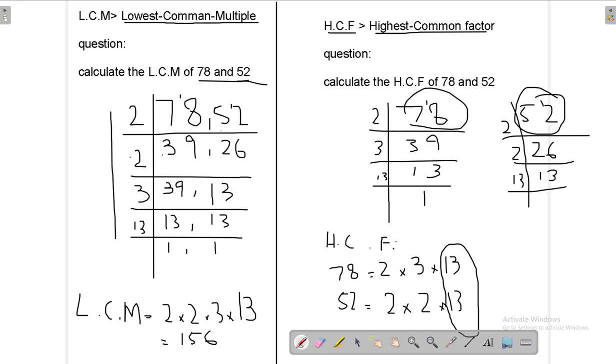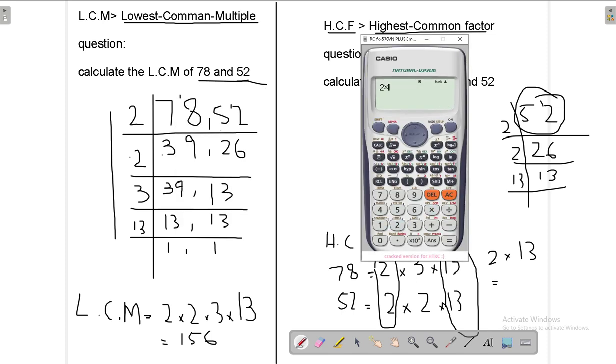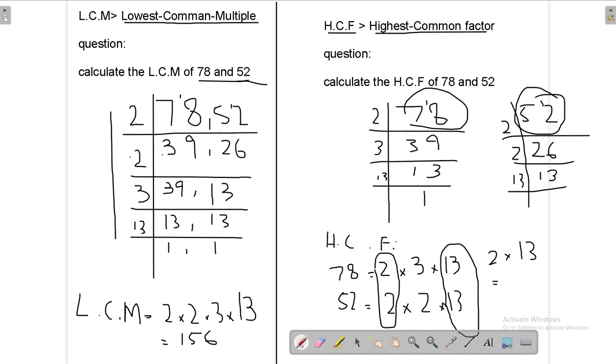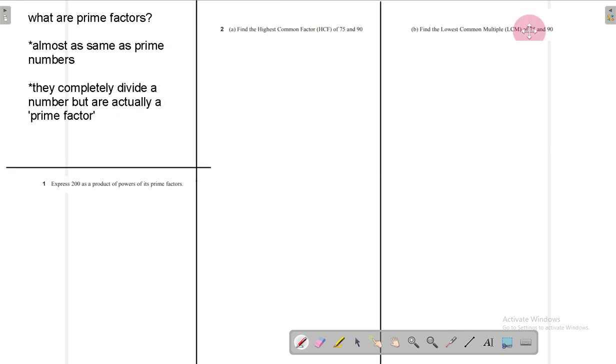So circle this 13 over here, and circle this 2 over here as well, and the HCF is going to be 2 into 13, which is actually 26. We're going to write 26 over here, and let's move on to the next page.